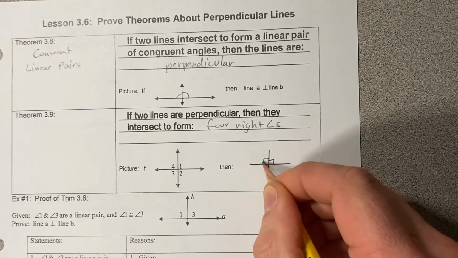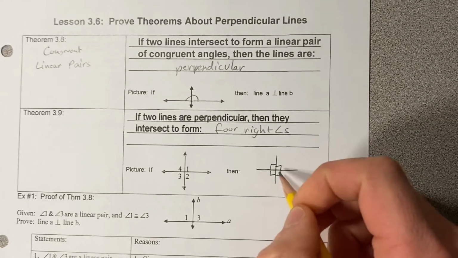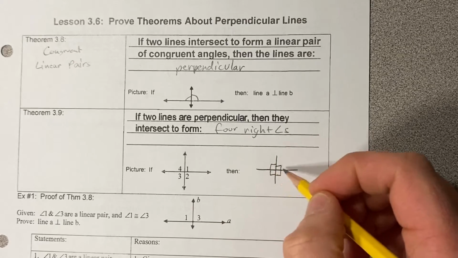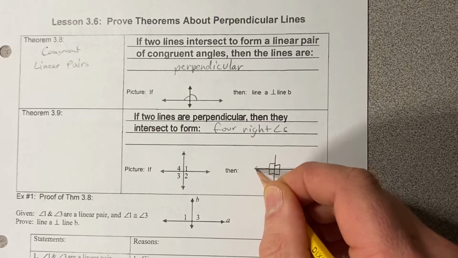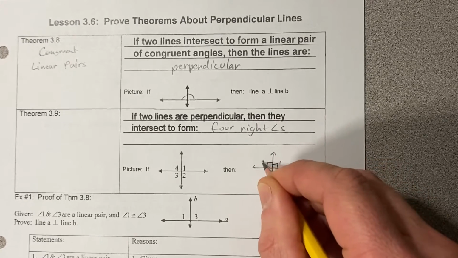Well, in truth, you're going to have 4 of them total. And you can get there by vertical angles congruence theorem or linear pair postulates, stuff like that. You can figure out all those. But I think this makes sense. I think it's good.